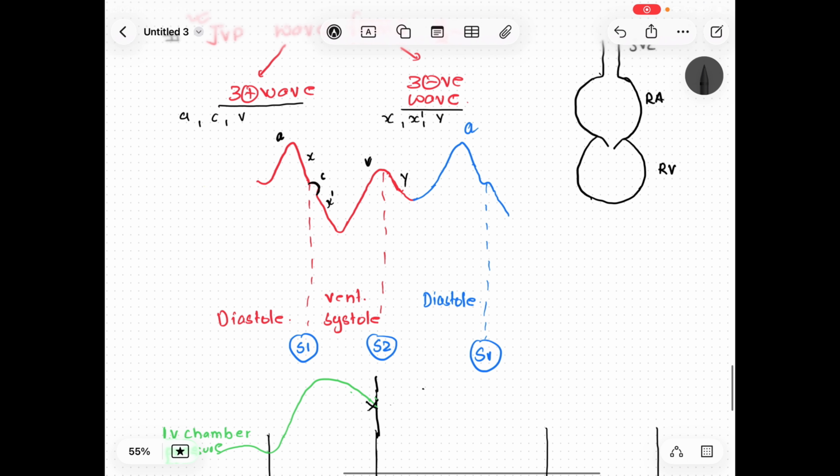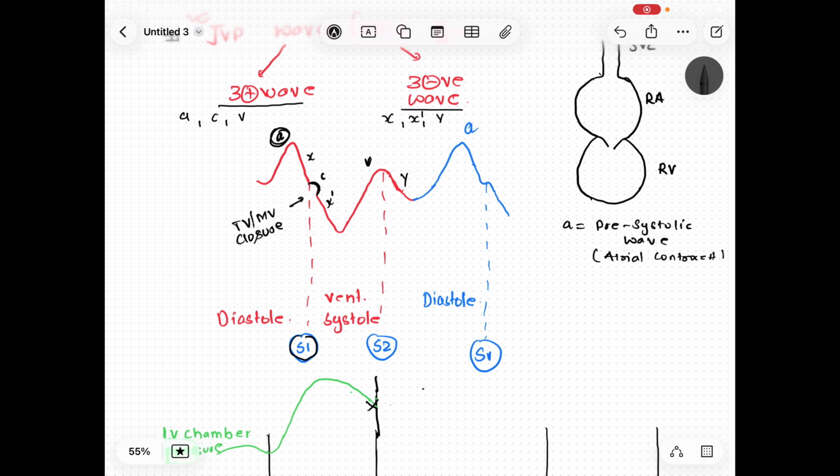Now we will correlate these waves with the phases of systole and diastole in the cardiac cycle. Starting with the A wave. A wave is a presystolic wave, which occurs due to atrial contraction. Now, there is a bulge here, which is C wave, which occurs due to tricuspid valve closure, mitral valve closure.